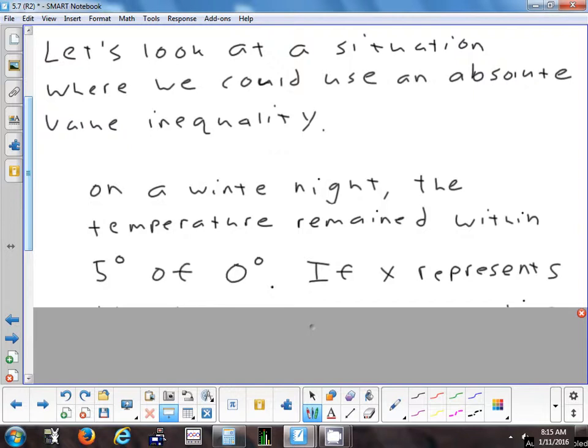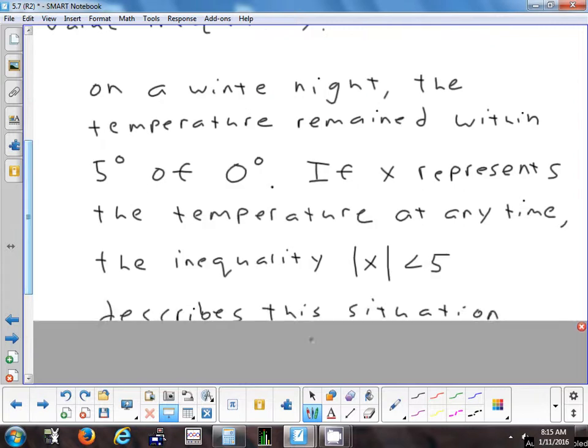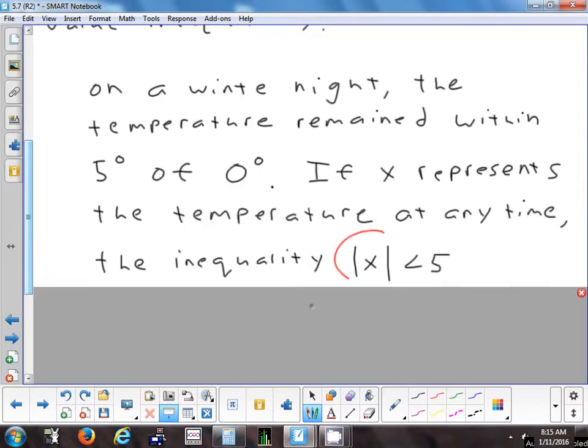It could have gotten as warm as 5 degrees. Or how cold could it have gotten? -5. So all that this is saying is the temperature all night long was between -5 and 5.